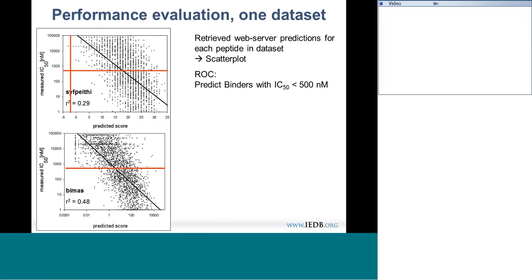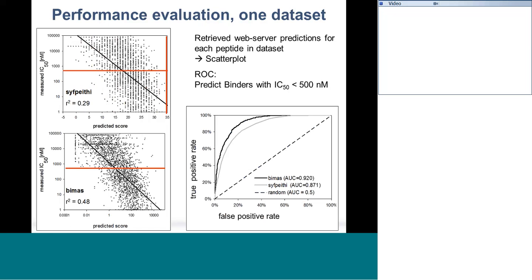I can do this for every prediction score, and I always get this 2x2 table, and can use this to plot as a function the false positive rate and the true positive rate of the prediction. That is the receiver operating characteristic curve, and in an ideal case, it would go straight up and over, so that there are no false positives and you're getting 100% of true positives.